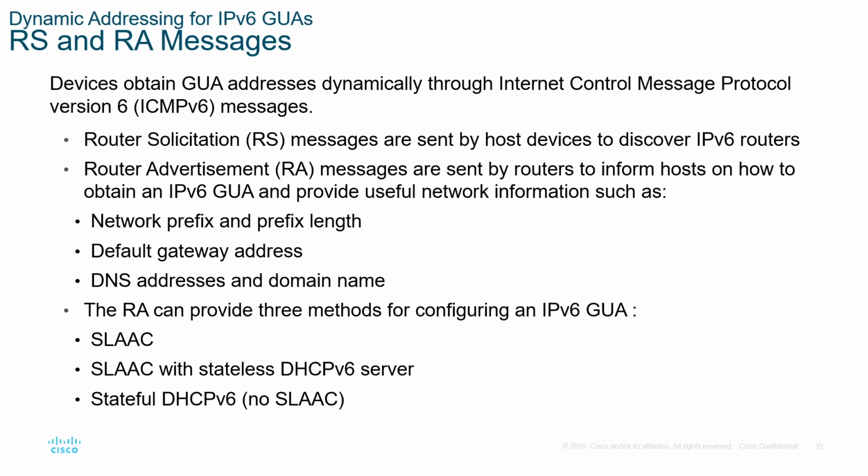Here's your prefix, here's your gateway. All these things that we're manually typing in right now in semester 1, we want to learn how to do dynamically so we don't have to type them in on every device.